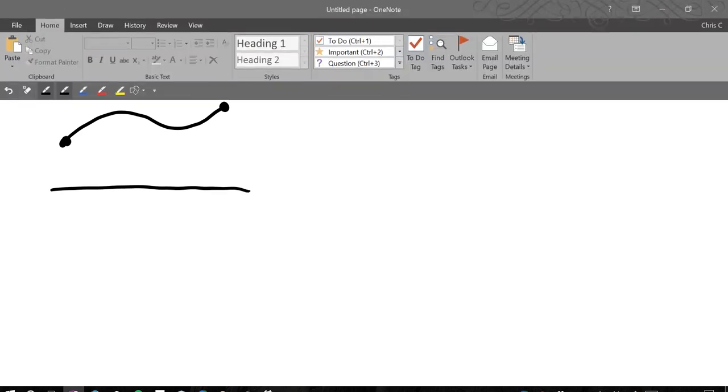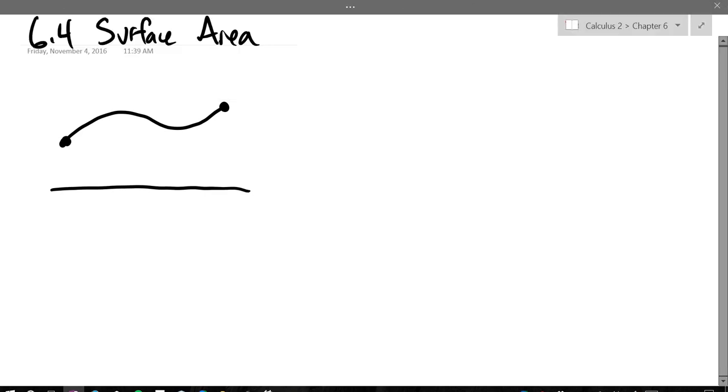Let's use blue for the approximation here. I probably should have put some more curvature into this than I did. So it's going to look something like that.